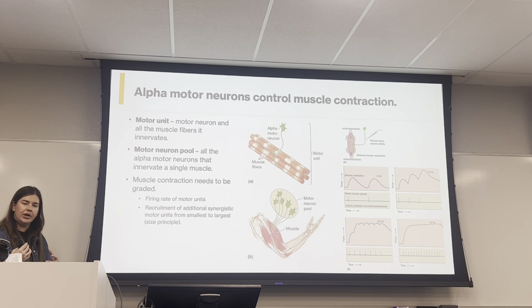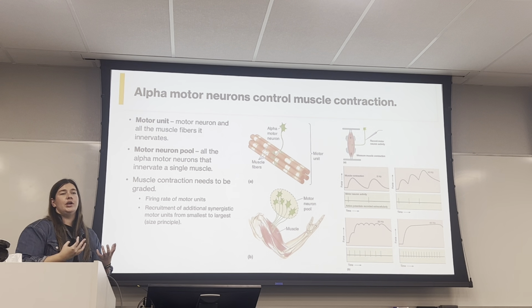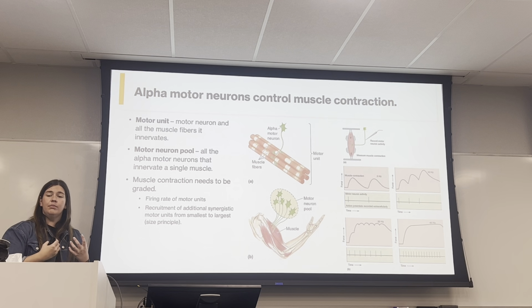We briefly said there are going to be two types that we're going to talk about. The main type that's really doing the work of causing contraction are these alpha motor neurons. They synapse onto the muscle fibers and send the electrical impulses, and then through a process that's many, many steps, the action potential from this neuron gets turned into calcium being released inside the muscle cell.